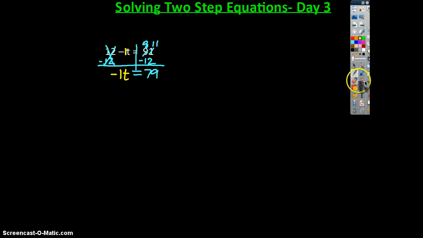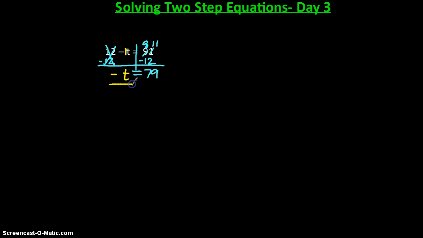So we may actually get rid of that negative 1 sometimes, so we'll erase that and just make that negative t. Now what we have to do to get rid of this negative sign is divide by what number was really there, which in fact was negative 1. And even if I want to write that negative 1 up there, negative 1 divided by negative 1 is positive 1. We've earned positive t.